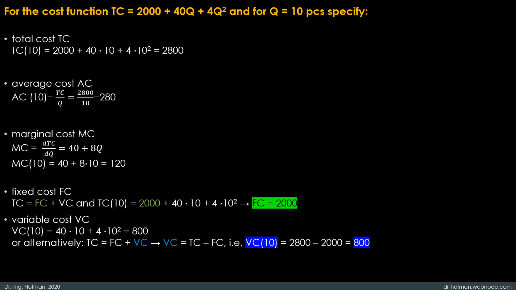Variable cost VC at 10 pieces is 40 times 10 plus 4 times 10 squared. It means 800. Or alternatively, TC is FC plus VC. We already know that VC is TC minus FC. TC was 2800 and FC was 2000. If I subtract 2000 from 2800, I get 800 for variable cost at 10 pieces.